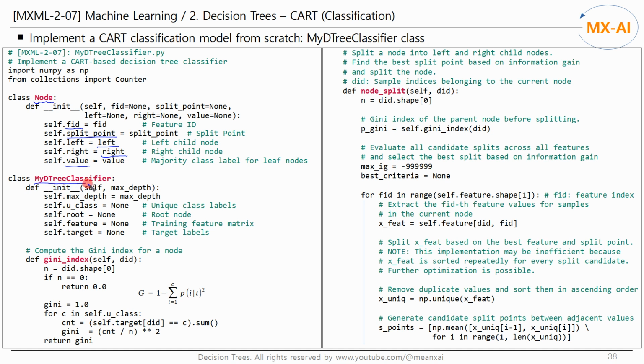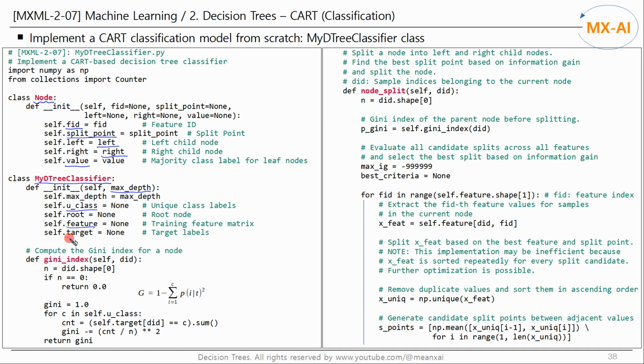Next, we'll implement the MXML-2-07 class. This is a CART-based Decision Tree Classifier that builds a binary tree. This class takes the maximum depth of the tree as input. The uClass variable stores the unique class labels in the target variable y.